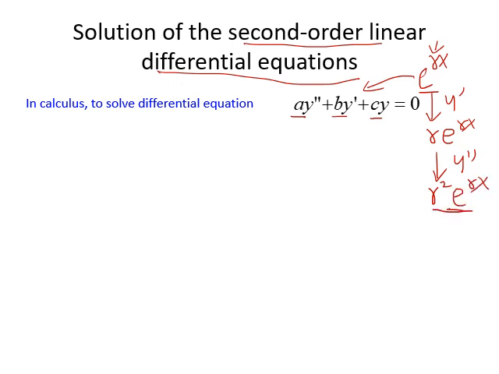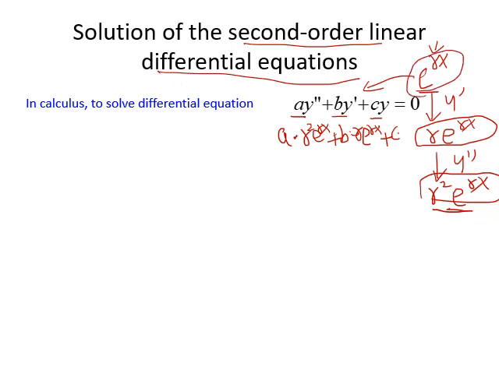Now plugging all this into the differential equation, you should have a times the second derivative, which is r squared e to the rx, plus b times the first derivative, which is r times e to the rx, plus c times y itself, which is e to the rx, equals 0.